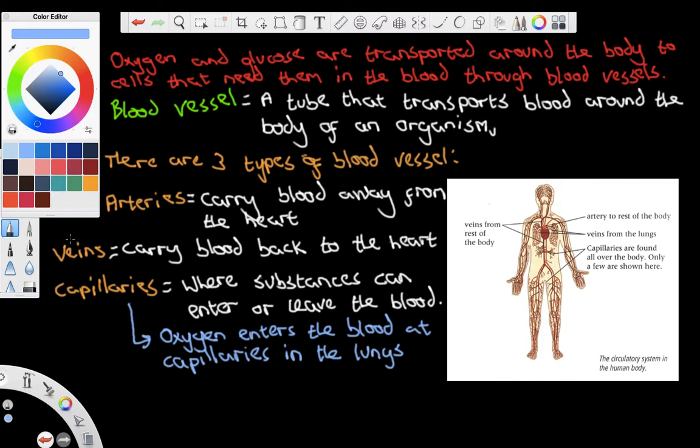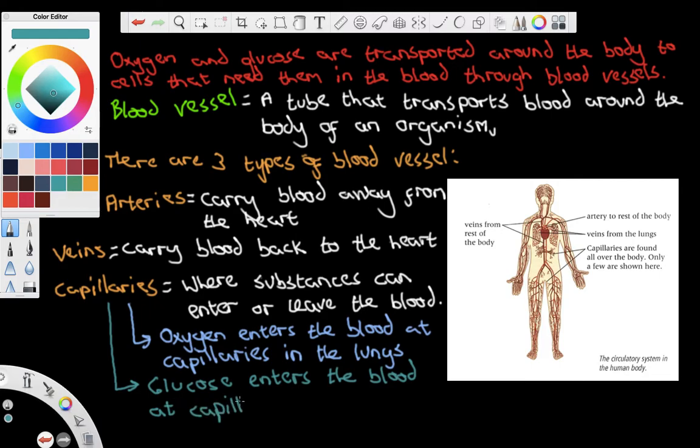So we can also say that glucose enters the blood at capillaries in the small intestine.